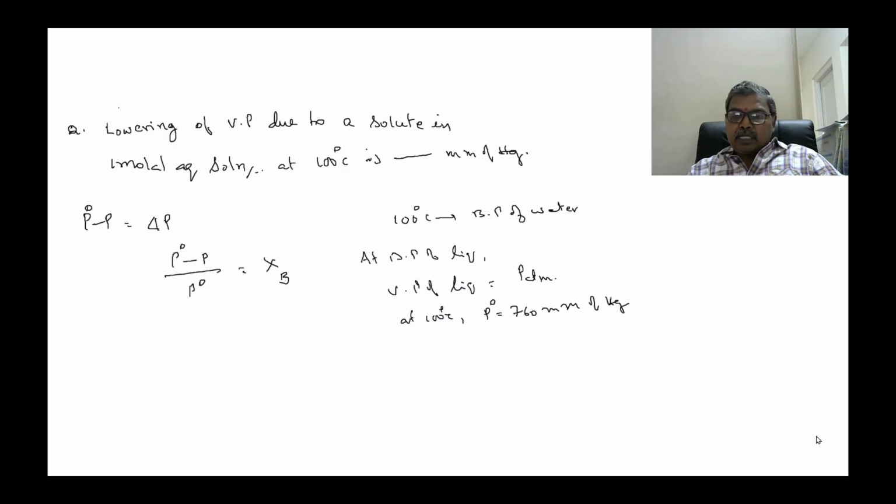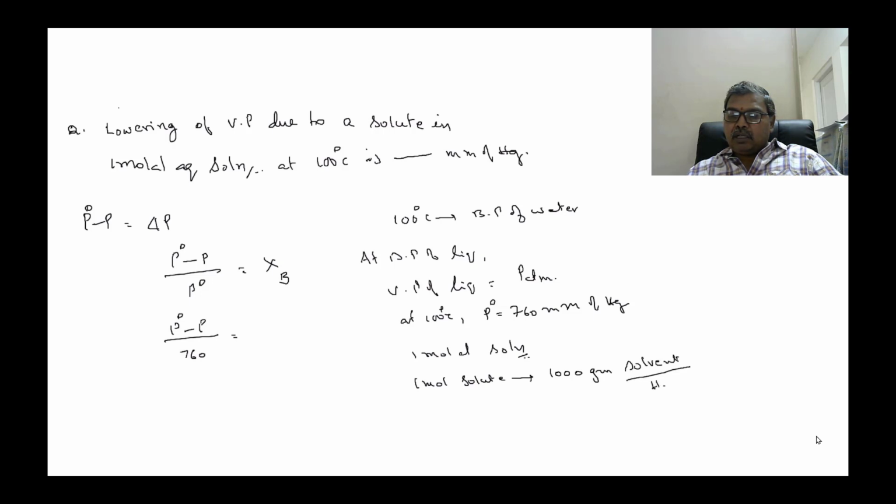So P0 minus P we have to find out. P0 is 760. Now the mole fraction of the solute. 1 molar solution means 1 mole of solute is dissolved in 1 kg of solvent.